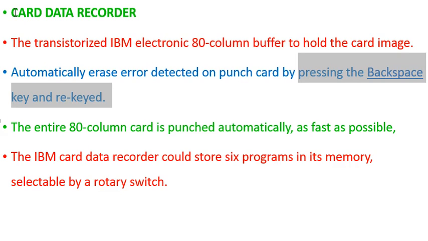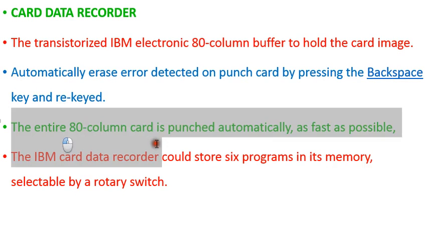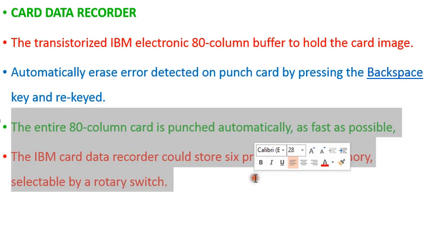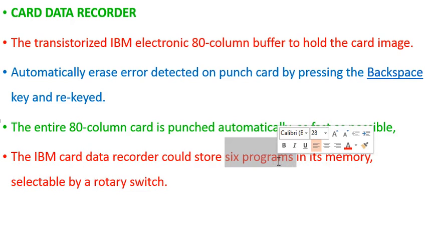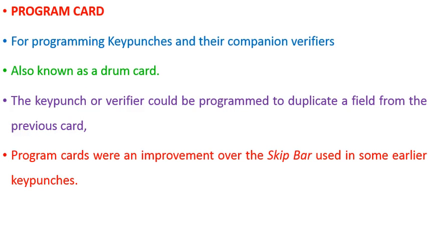It will capture the image so that it will use that image on other cards with the same information. And it can hold up to 6 programs, meaning it can take card number 1, number 2, up to 6, capture their images and keep them in its memory, so that it can be programming subsequent ones.